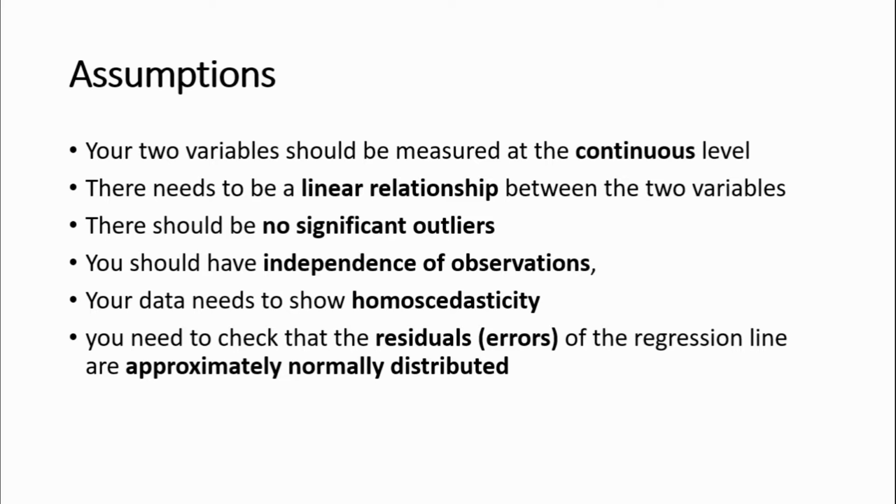Take a look at the three scatter plots, which provide a simple example, and I will show you how to interpret the homoscedasticity in the next video. For the last assumption, finally, you need to check that the residuals or errors of the regression line are approximately normally distributed. We explain this next in the video.